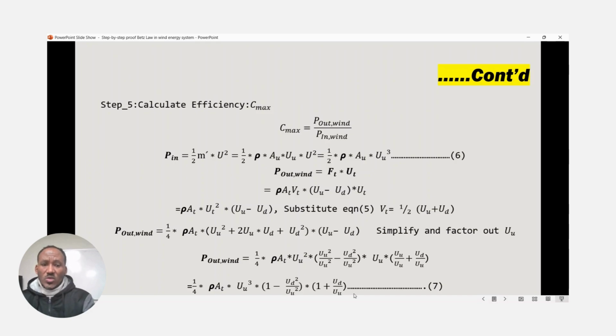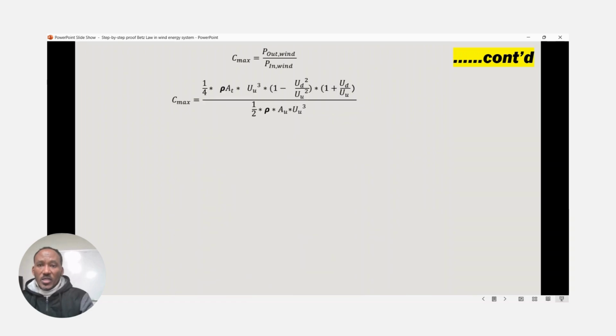Then substitute into the efficiency equation here: equation 6 for power in, equation 7 for power out. Then cancel out the similar values. This is the continuity equation, which means A_T times U_U cubed is similar to A_U times U_U.